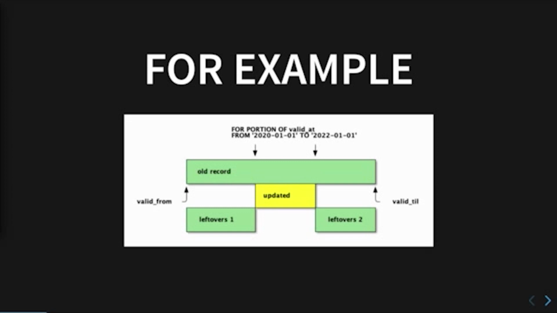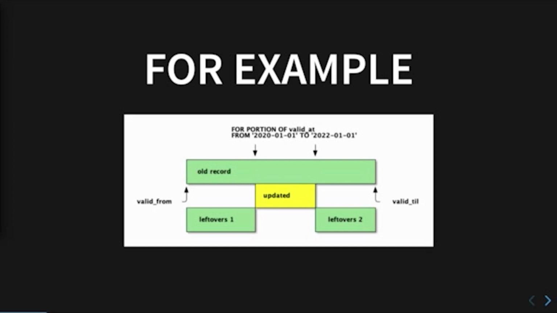Here's a quick visualization of what FOR PORTION OF does. In the SQL 2011 standard, it says that we've got an old record with time bounds, and we want to update just a portion of it, which we give in the syntax at the top when we say FOR PORTION OF. And what we need to do is save the updated version of the row with updated timestamps.